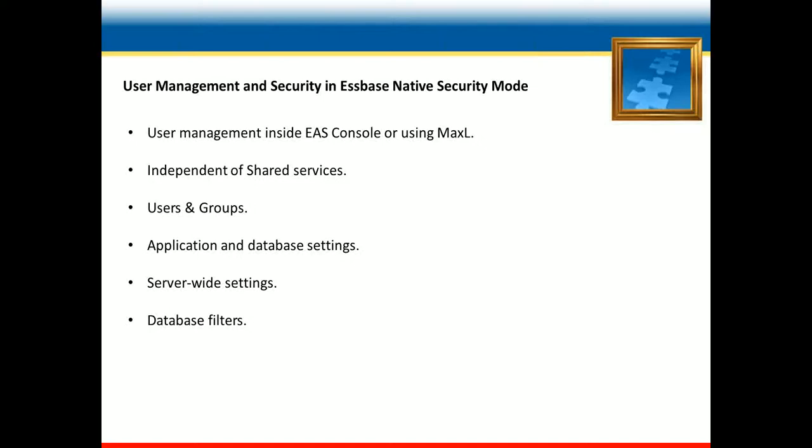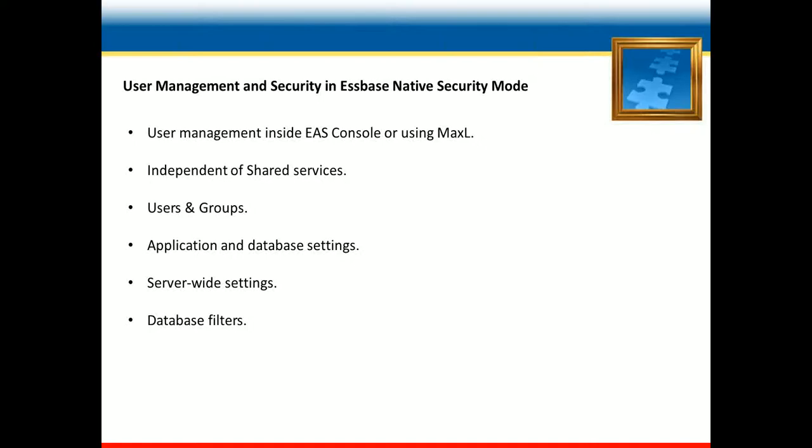MaxL is a command line interface to SBAS for application provisioning or various activities that can be done from the EAS console. So this mode is independent of shared services, as SBase uses just an OPMN framework to manage all SBase agents in the deployment.